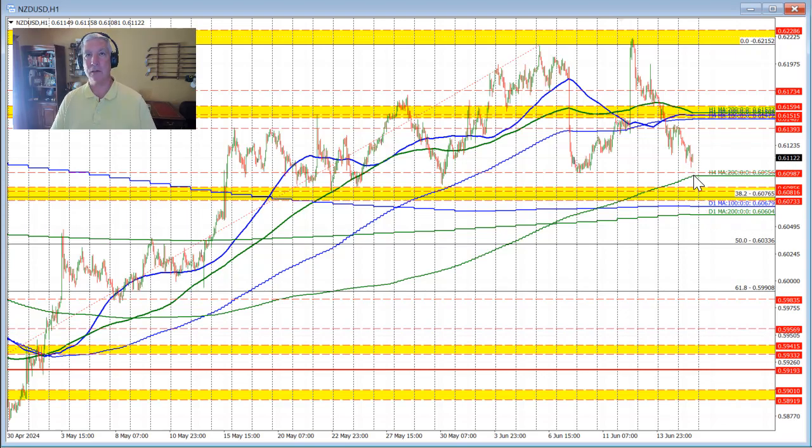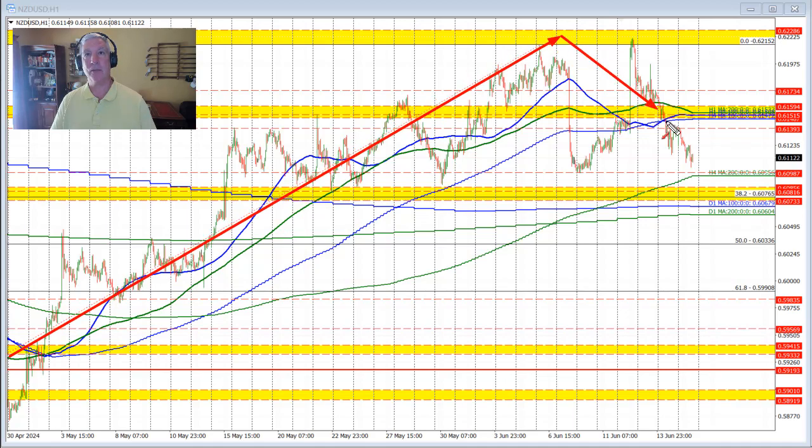So not only does the price need to get below this level, the 200-bar moving average on the 4-hour chart, but as most people know, I like to see the corrective move off of a trend type move come down to and through the 38.2% retracement level. Also getting below the 100 and 200-day moving average would be another feather in the cap for the sellers if they're going to take more control.